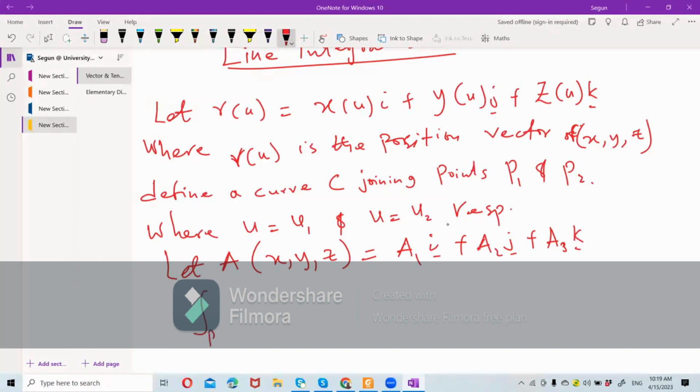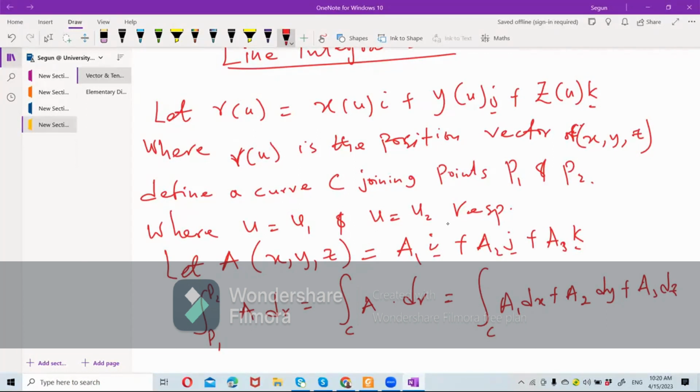And the integral from P1 to P2 of A dot dr, which is the same thing as the integral over C of A dot dr, which is the same thing as the integral over C of A1 dx plus A2 dy plus A3 dz.